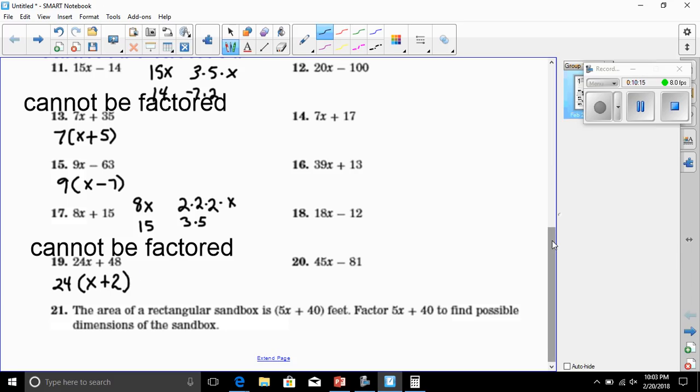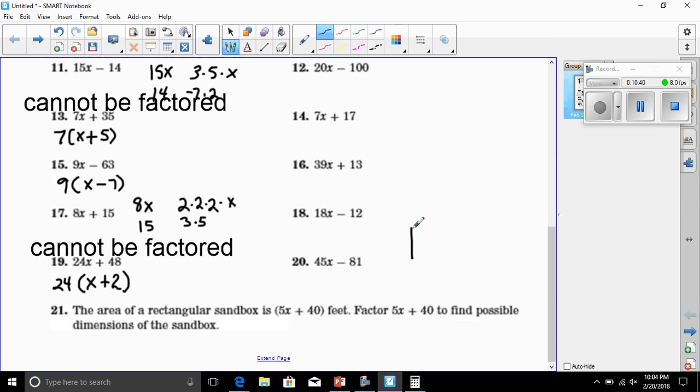All right, the last one is the area of a rectangle, a rectangular sandbox, is 5x plus 40 feet. It says factor 5x plus 40 to find possible dimensions of the sandbox. Okay, so we're going to be looking for possible dimensions. All we know right now is the area, so let's just draw it out over here.